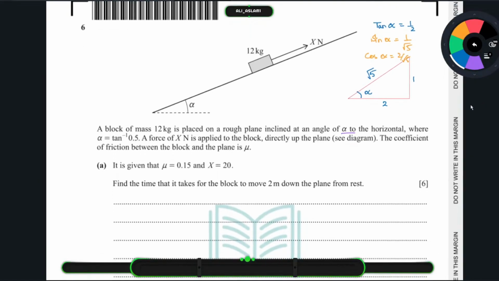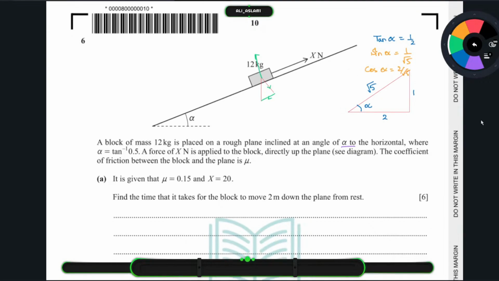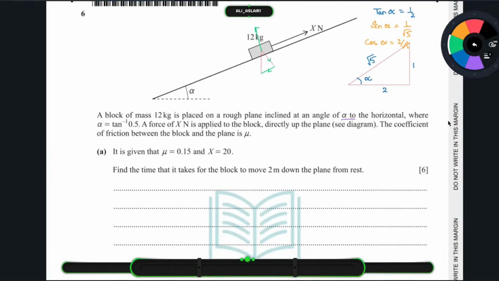Then we would require this in order to calculate the normal contact force. That would be 120, so R should be equal to 120 cos alpha. Cos alpha is 2 by root 5.